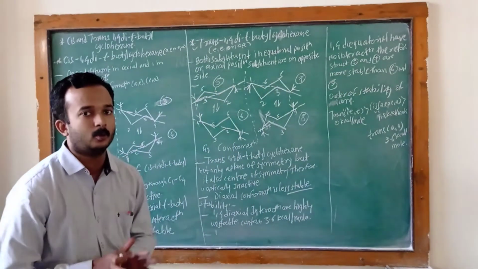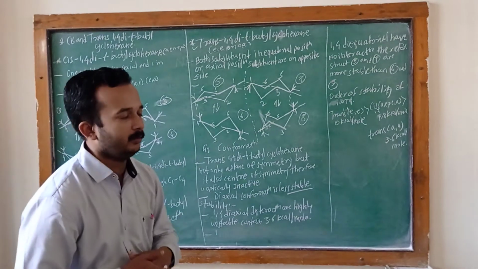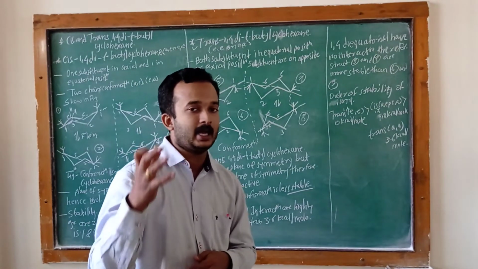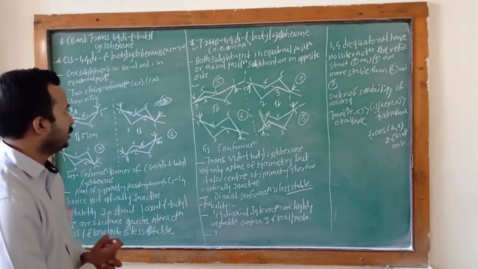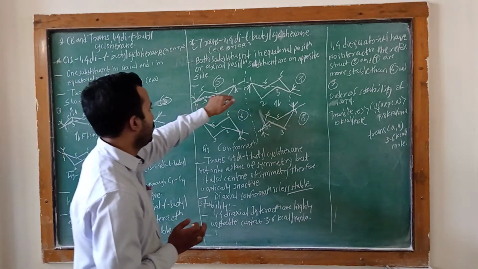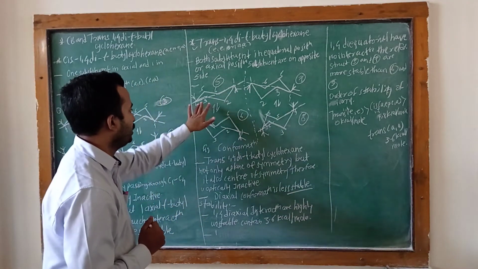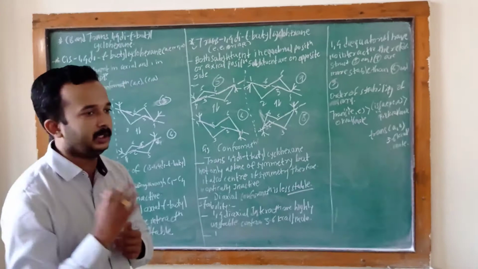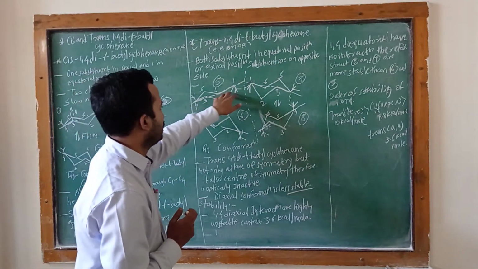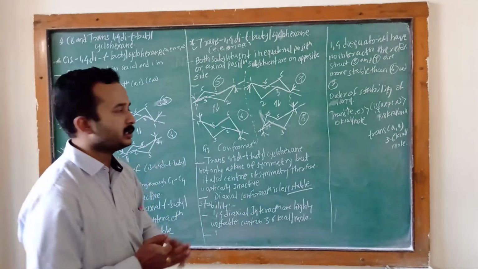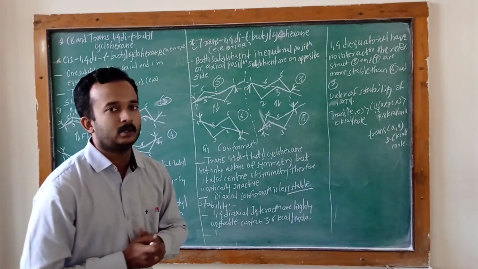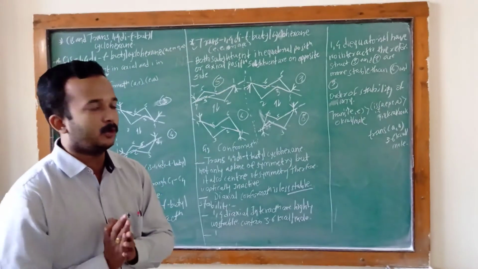Okay, therefore the 1,4 diequatorial has no interaction. Therefore the structures 5 and 7 are more stable than 6 and 8.